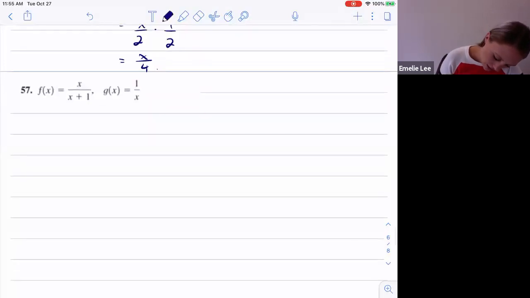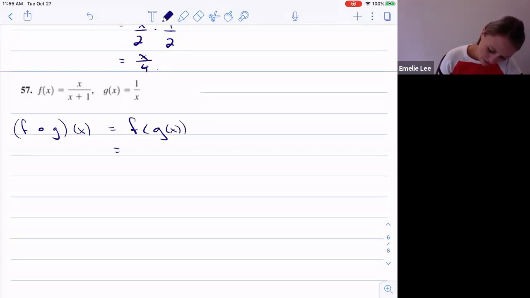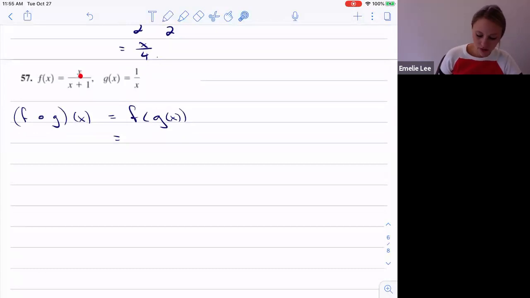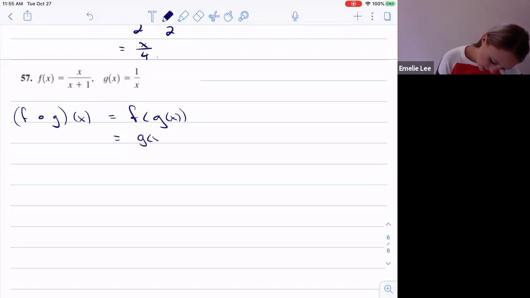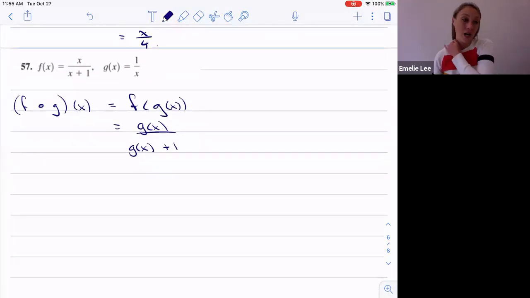Okay, so if we start with f composed with g of x, that's f of g of x. F is x over x plus 1. G is 1 over x. So here, I'm going to have g of x divided by g of x plus 1. Now, I'm going to replace g of x with 1 over x.